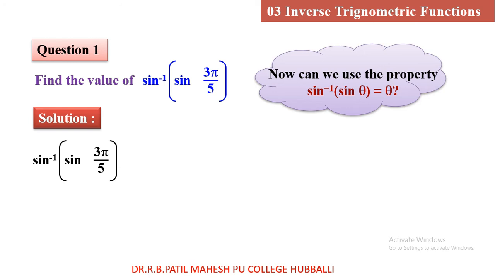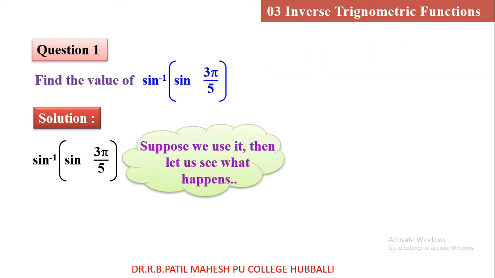Dear students, now you recall the property that sine inverse of sine theta is equal to theta or not. Suppose we use it for this expression, then let us see what happens.